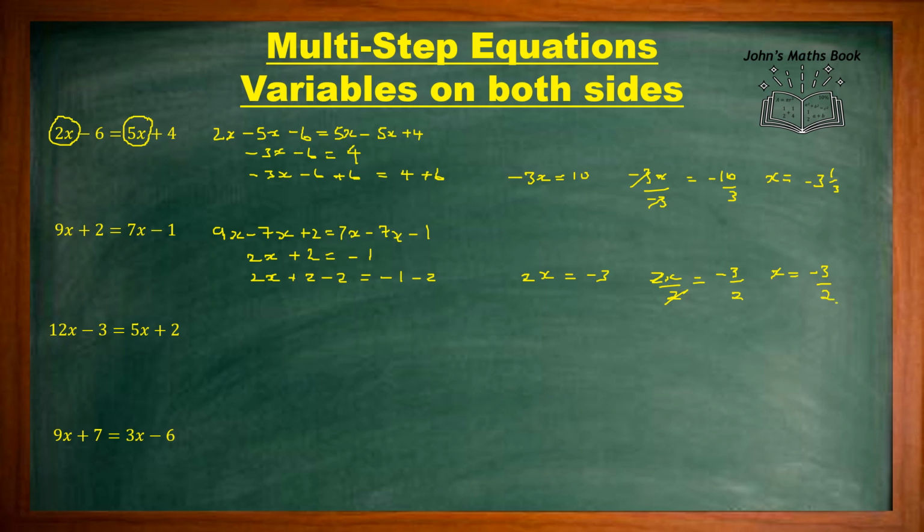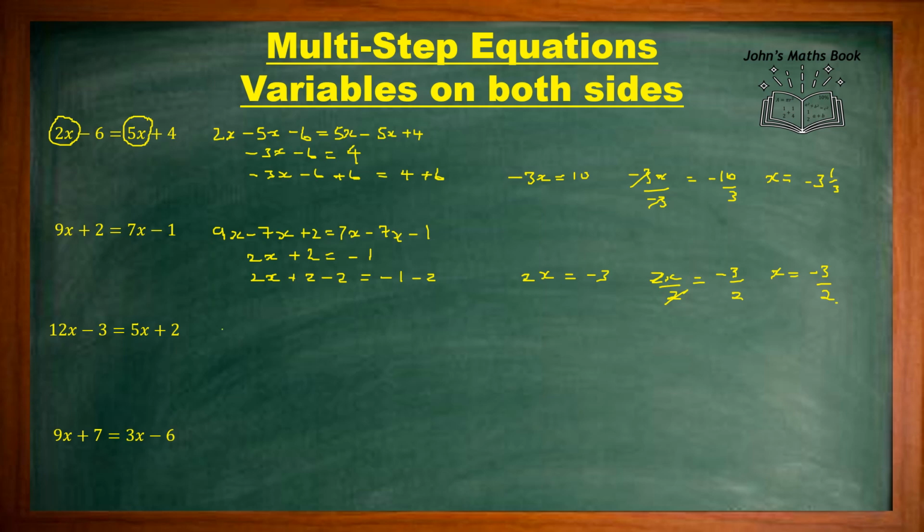Example number 3 is 12x minus 3 equals 5x plus 2. So let's isolate the value of x again on the left hand side. To do that, we need to subtract 5x from both sides.